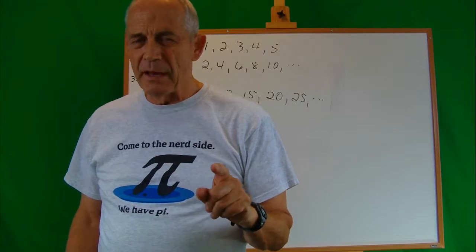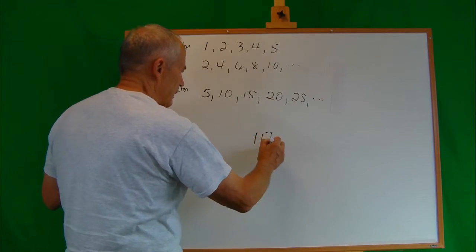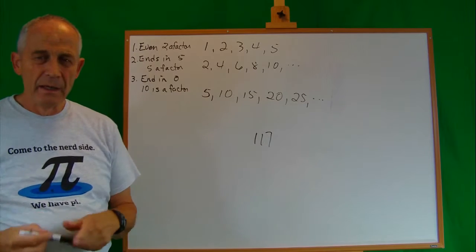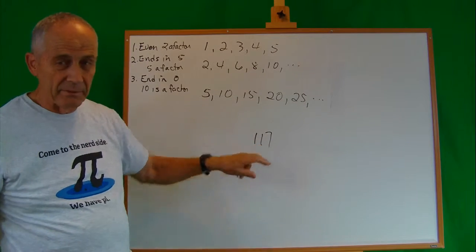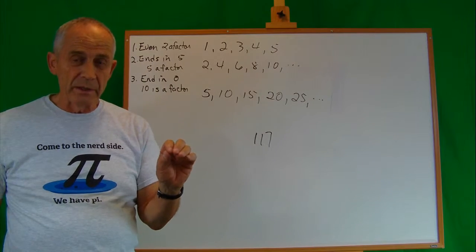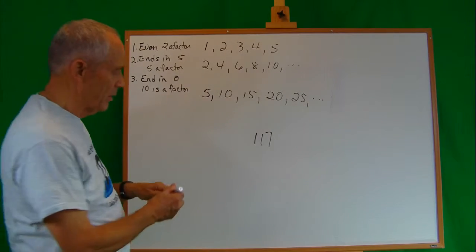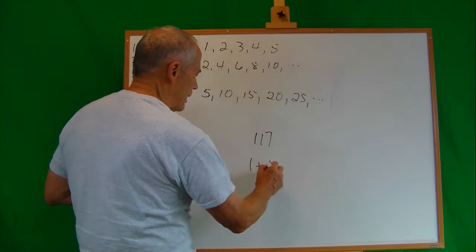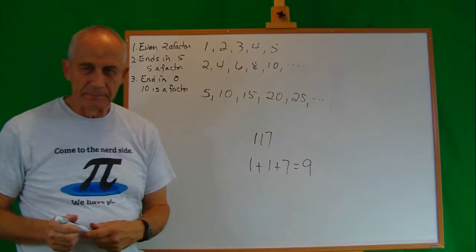Okay, if you have a number, and I'm just going to write one down here, like 117, the digits of that number are 1, 1, and 7. Is everybody clear on that? So the first thing we're going to do is add up those digits. So I'm going to go 1 plus 1 plus 7, and that equals 9.